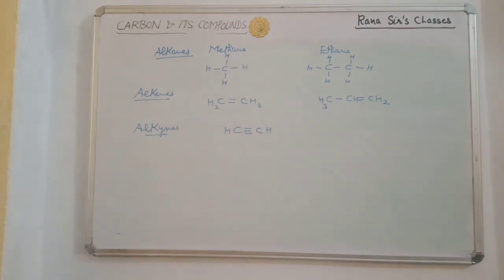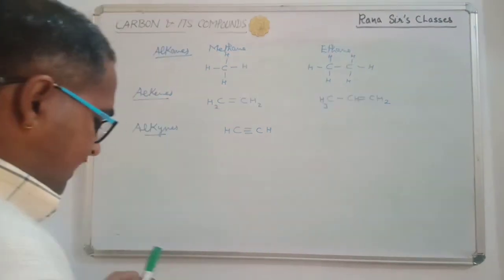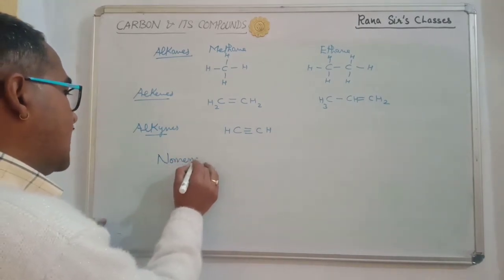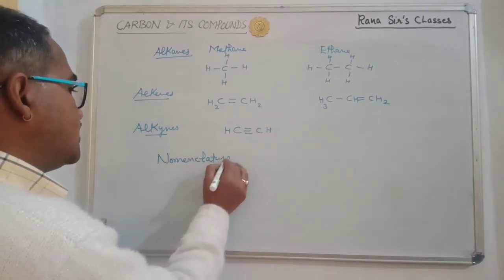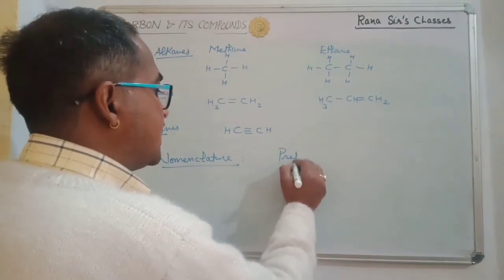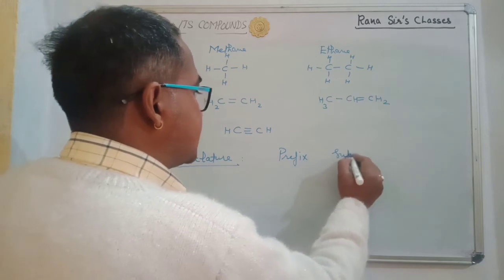Now students, let us look at how they are named. You see what happens, we use two things in the nomenclature of hydrocarbons. One is prefix and other is suffix.